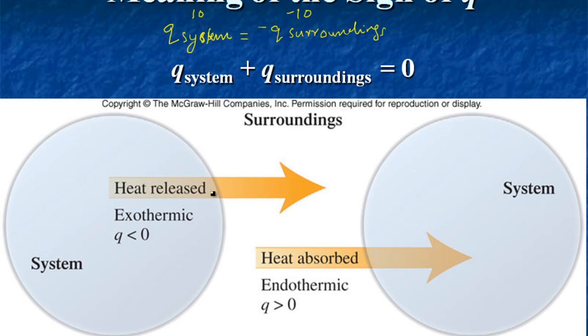Something releasing heat? Exothermic, heat out, right? So, when the system is releasing heat, that is an exothermic reaction. And when the system is releasing heat, when you calculate Q, Q will always be negative. Like water cooling from 75 to 25. Water is the system.